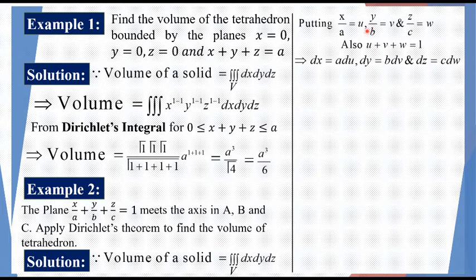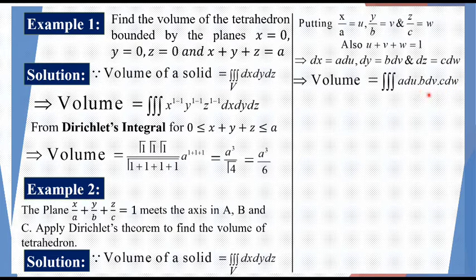So dx will be a du, dy equals to b dv, and dz equals to c dw. So on replacing all these in this volume, triple integral, dx is replaced by a du, dy is replaced by b dv, and dz is replaced by c dw.